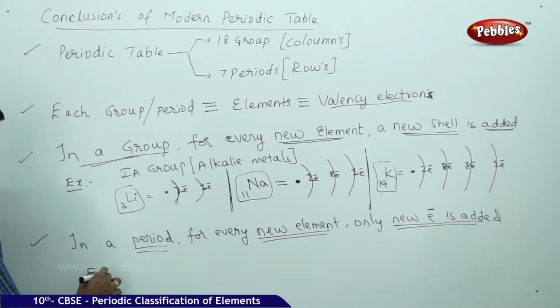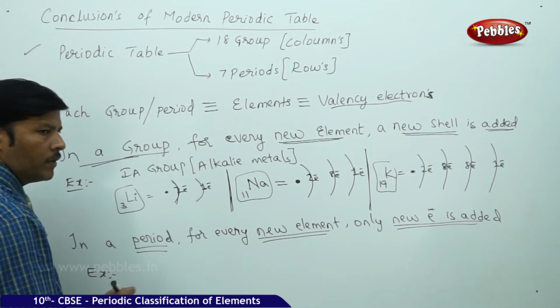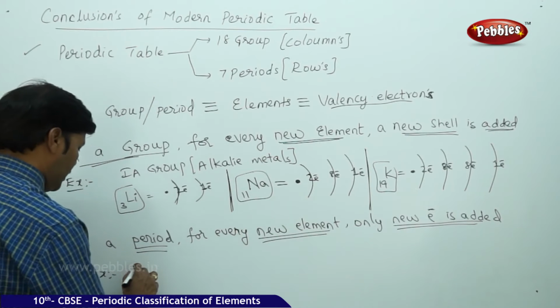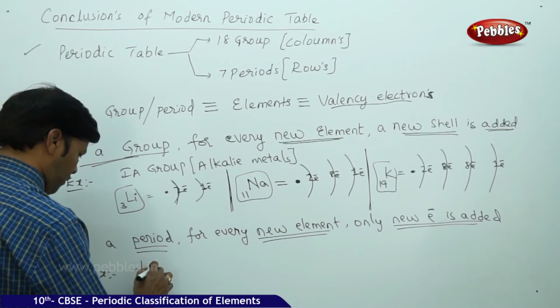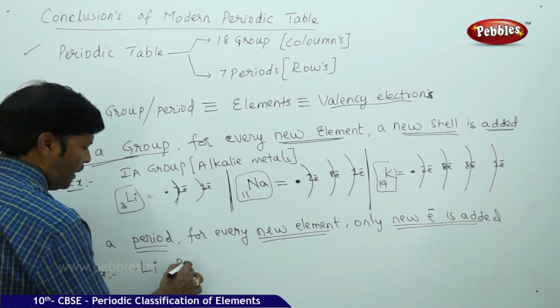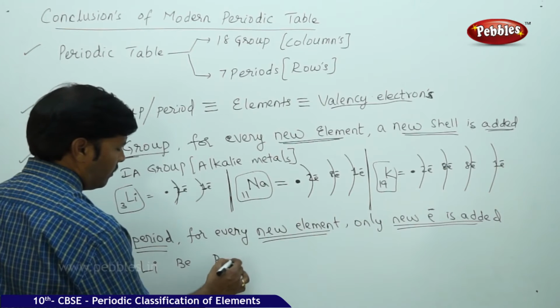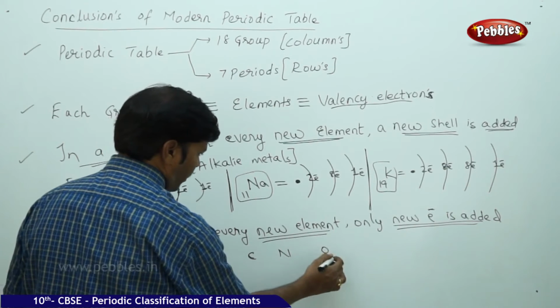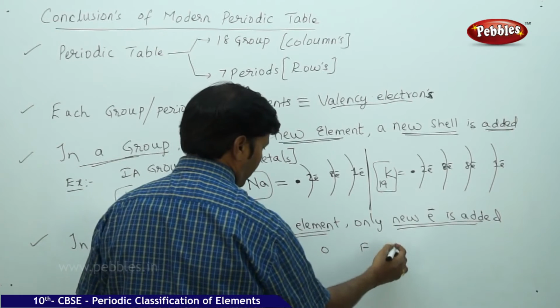Suppose I am taking the second period elements in the periodic table: lithium, beryllium, boron, carbon, nitrogen, oxygen, fluorine, neon.